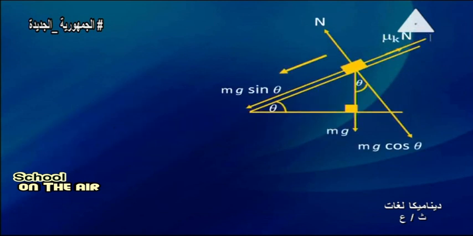Now we have a body placed on an inclined plane. The length of this plane is 250 centimeter and the height is 150 centimeter. Then tan theta equals 3 over 4, sine theta equals 3 over 5, cosine theta equals 4 over 5.